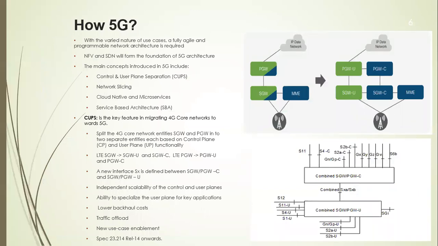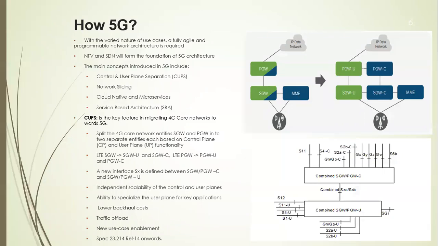Now the question is how we are going to achieve these target KPIs. Obviously, if you need improvements in the KPIs, then there must be changes in the architecture, in the design, in the technology that we are using at all levels. So in 5G also it is the same.